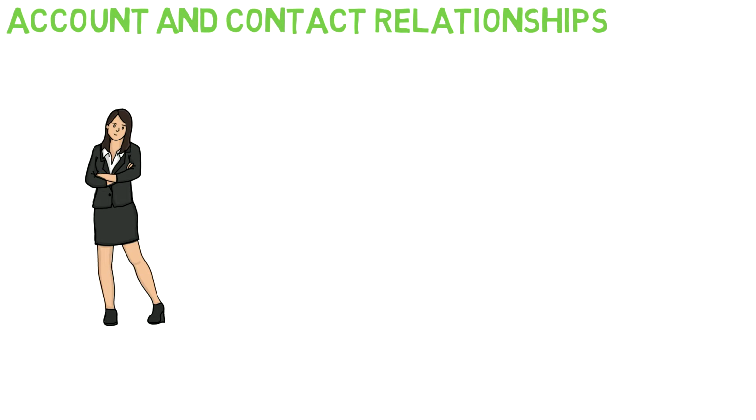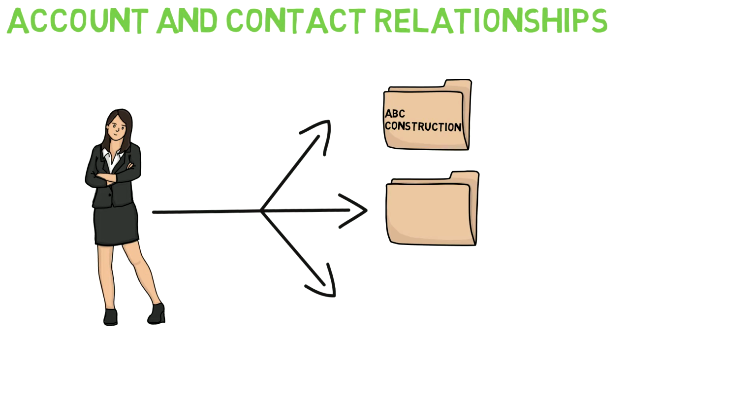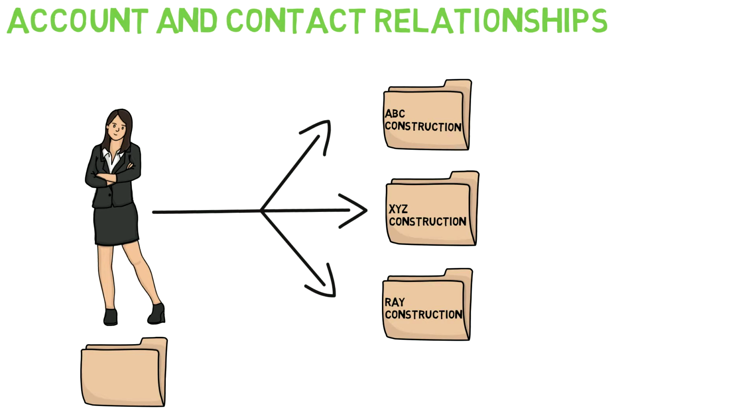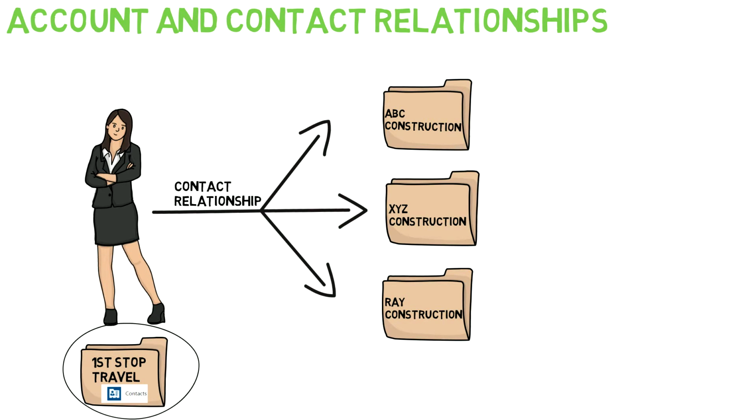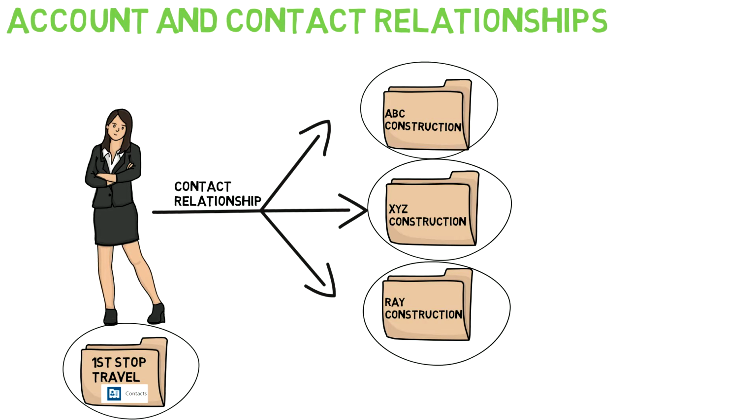Cyrus allows us to track information about the fact that some contacts may be involved in more than one account. A common example would be a travel professional who works for a third-party company but books business for a different company. In this case, we would show them as a contact within the account they work for and build a contact relationship to link them to the other account they book for.